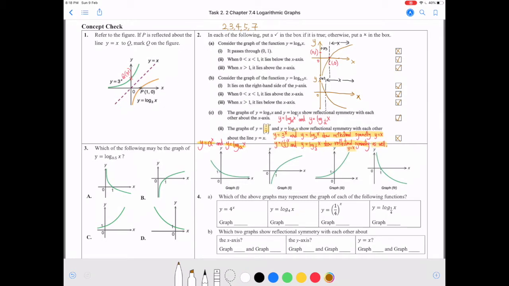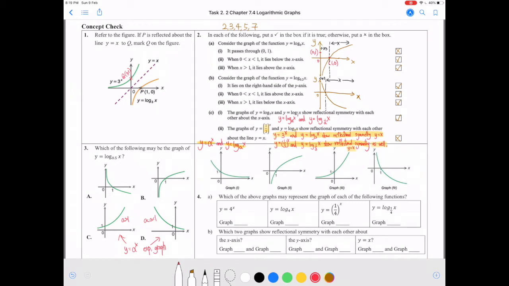Because these two graphs are exponential graphs, right? So these two must be ruled out. The left-hand side one is the case when a is bigger than 1. And the right-hand side one, option D, is the case when a is in between 0 and 1.